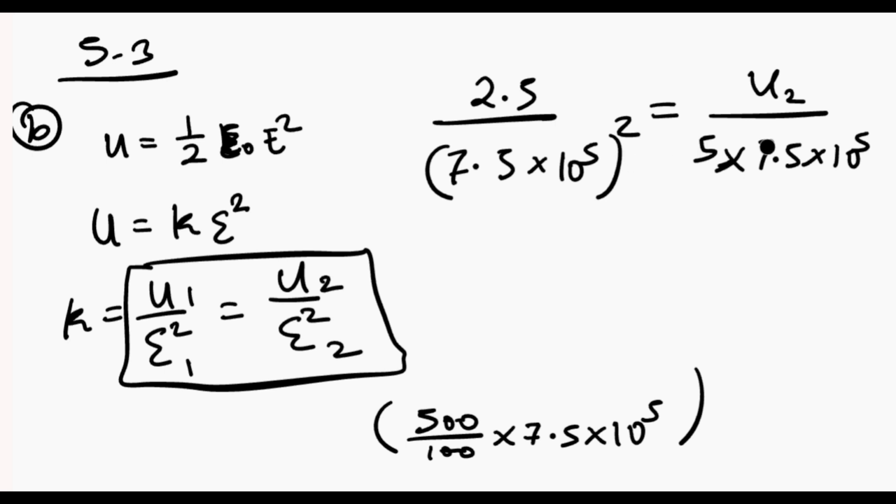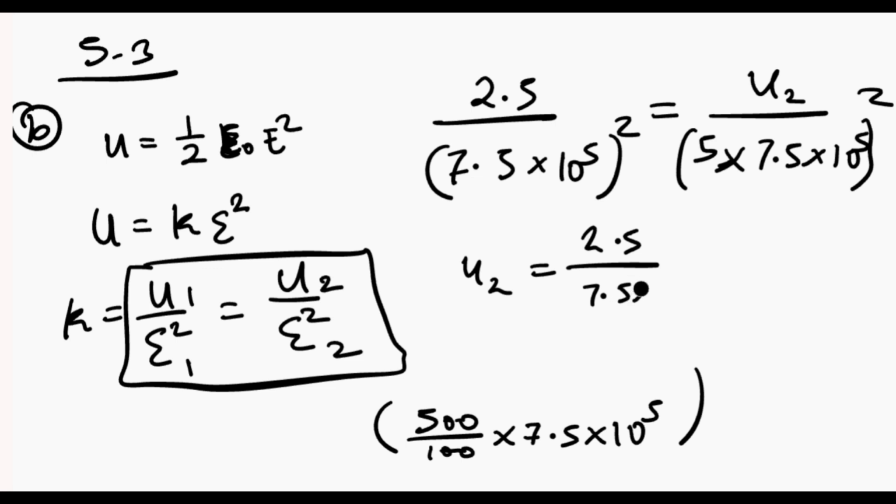Now we have to square it. So our U2 will now be 2.5 over 7.5 times 10 raised to power 5 squared, multiplied by 5 squared times 7.5 times 10 raised to power 5 all squared.